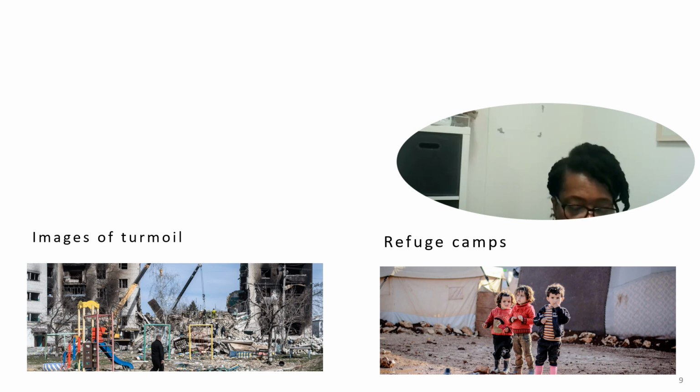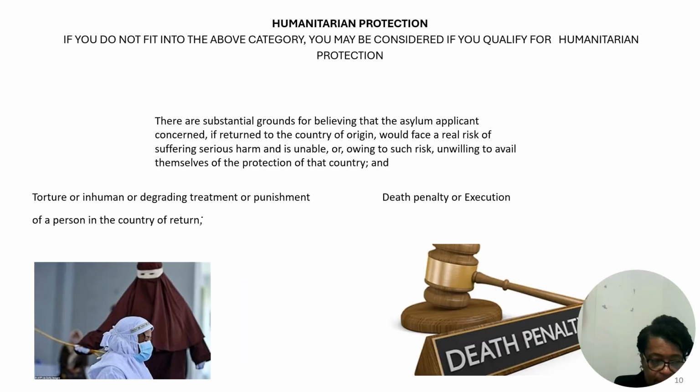We have images here, for example, images of turmoil and refugee camps, just to give you an example of the circumstances and the situations which will qualify for refugee status.